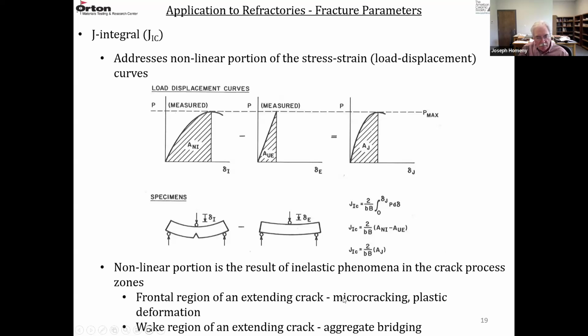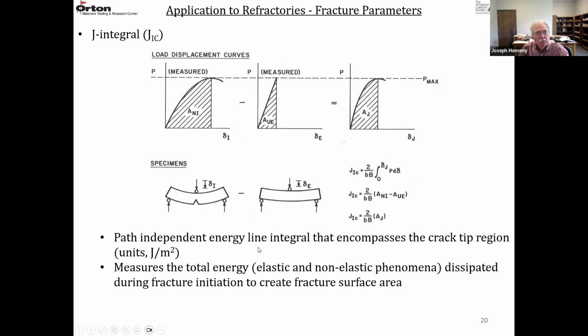So what happens in the crack process zone that's inelastic is going to show up in this type of measurement. J1C is a path-independent energy line integral. It encompasses the entire crack tip.